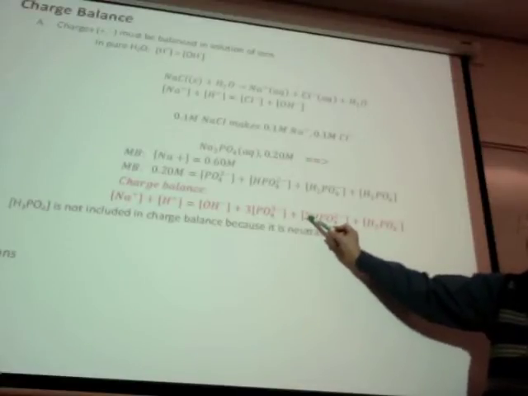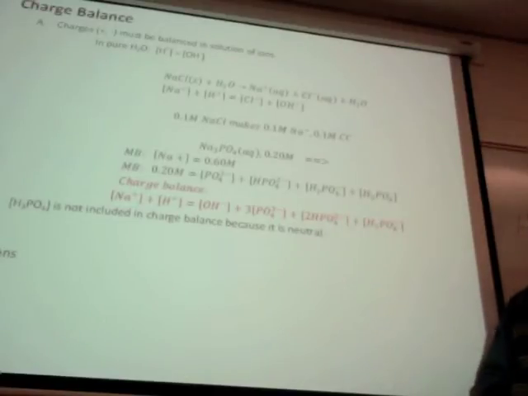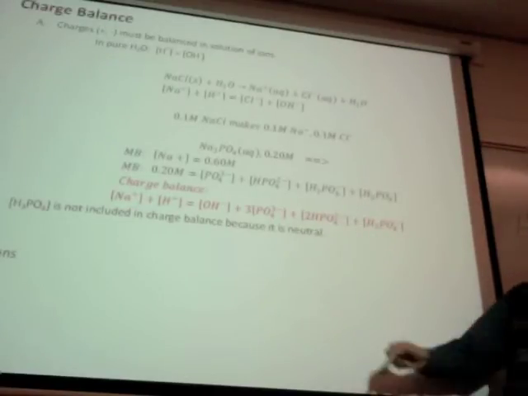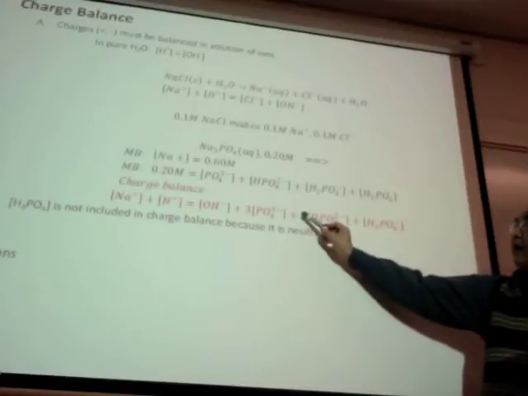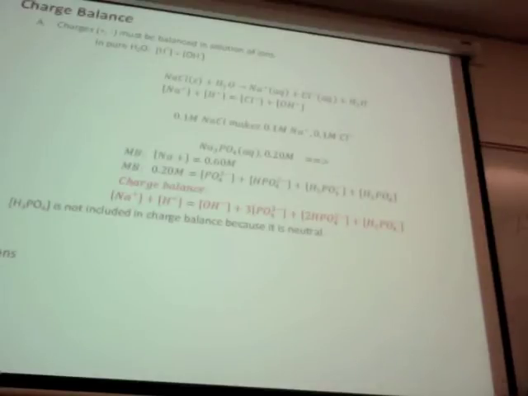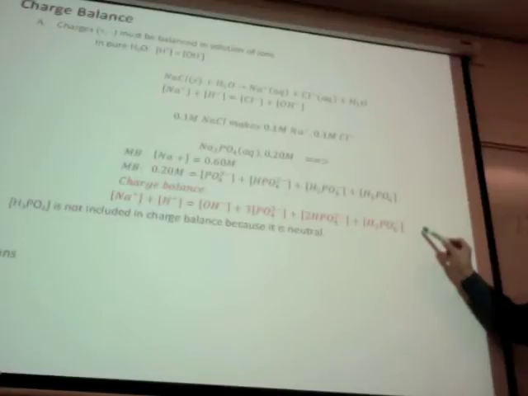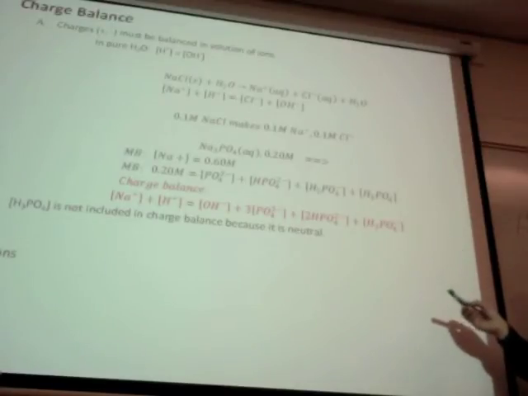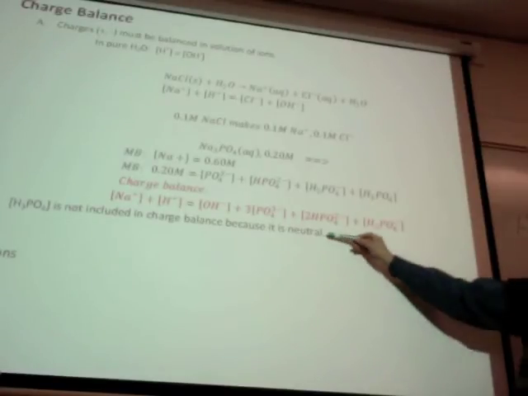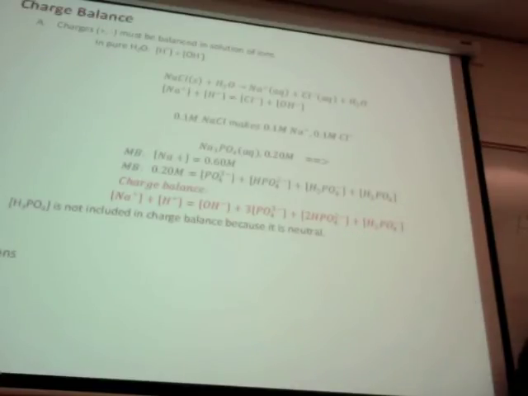Oh, sorry, the 2 should be extracted to the outside, in front of the concentration. Be sure this is in front, multiplying the concentration. Then here, 1 multiplies this one. Now, the H3PO4 is neutral, so it doesn't contribute to the charge balance. So remember that you don't include it. Any questions with that? Okay.